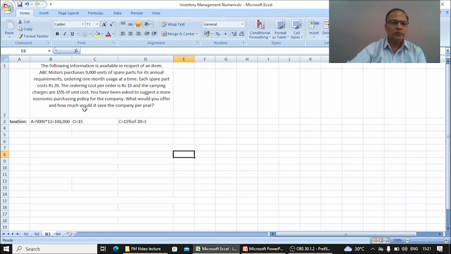Now you are asked to suggest a more economic purchasing policy for the company. What would you offer and how much would it save the company per year?